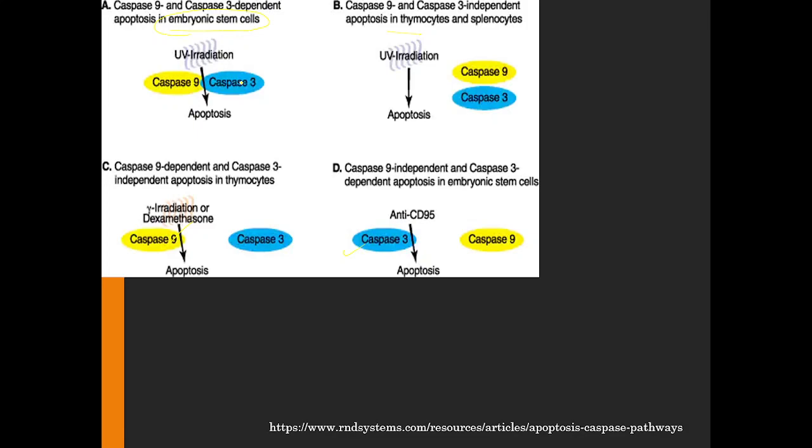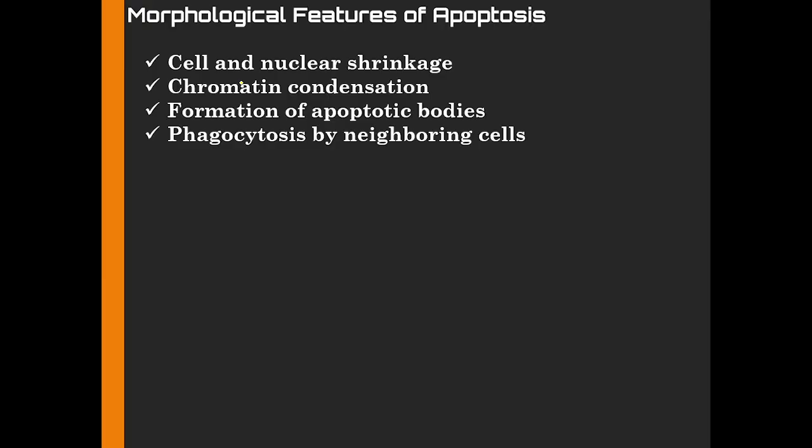Now, what are the morphological features of apoptosis? If someone wants to see it, it leads to cell and nuclear shrinkage. There is chromatin condensation. In fact, DFF, the DNA fragmentation factor, has also been shown in several papers to be involved in chromatin condensation.